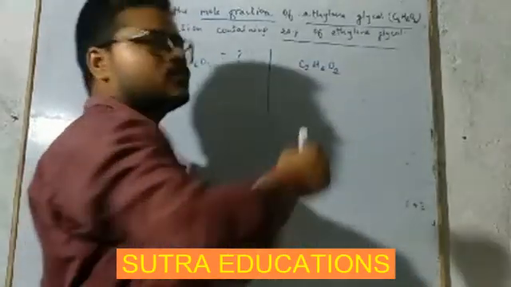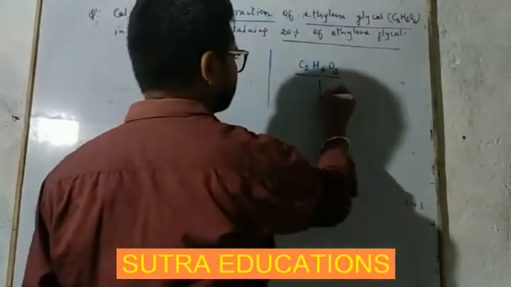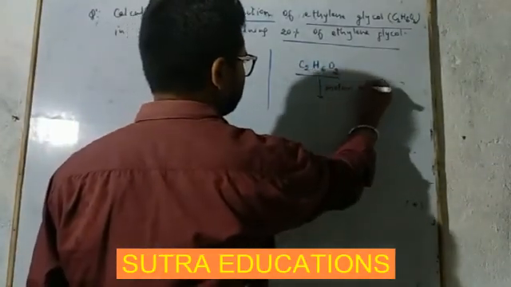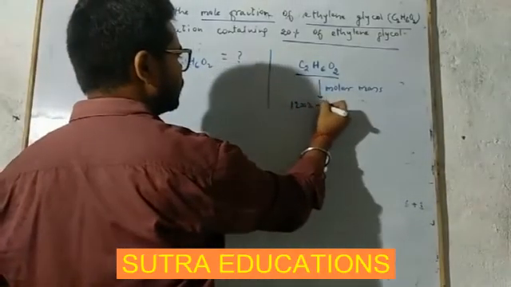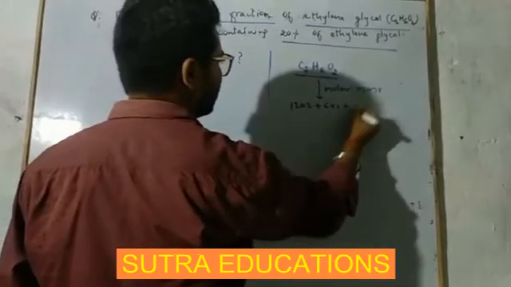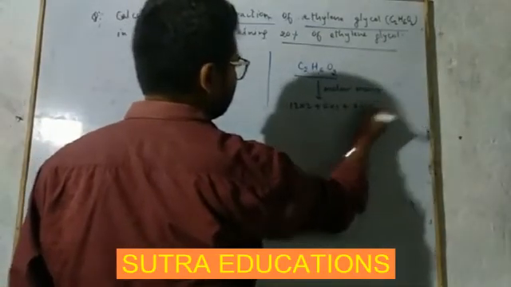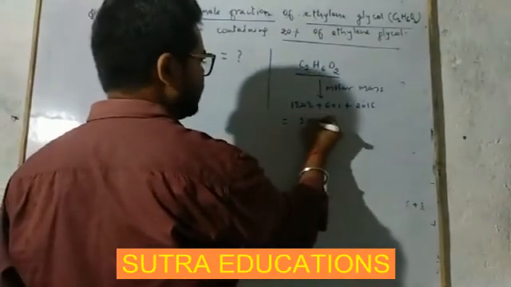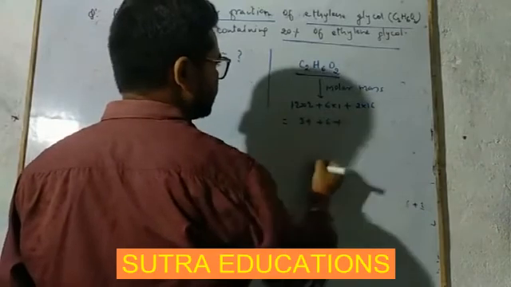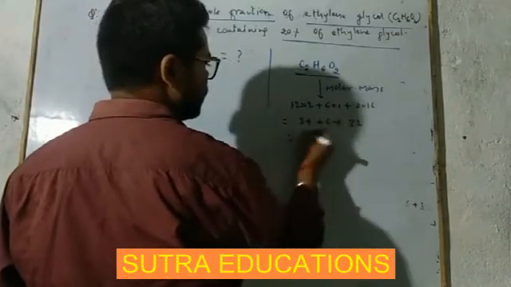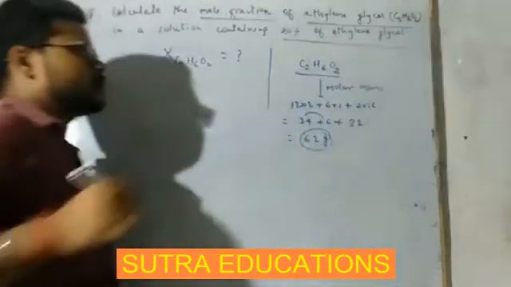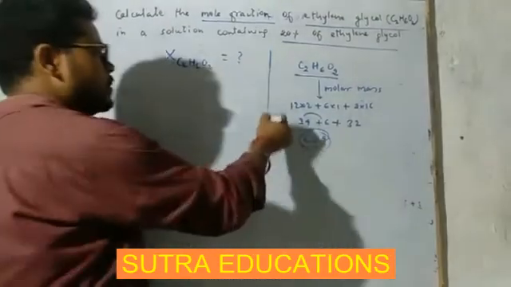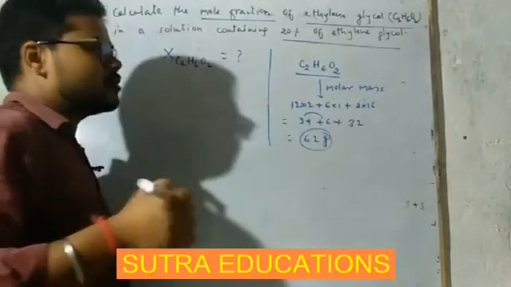Its molar mass will be 12 into 2 plus 6 into 1 plus 2 into 16, or we say it is 24 plus 6 plus 32, or 30 plus 32, 62 gram. So molar mass of ethylene glycol is 62 gram.